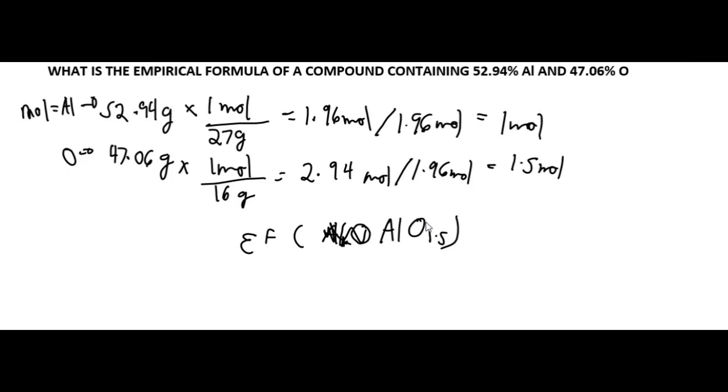All right. We have to multiply this by 2. So this will become 2 aluminum and 3 oxygen. And that is our empirical formula. So let's try another one.